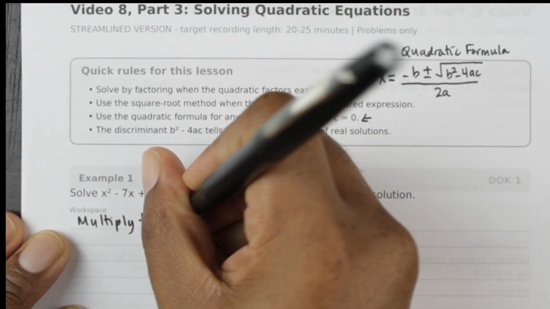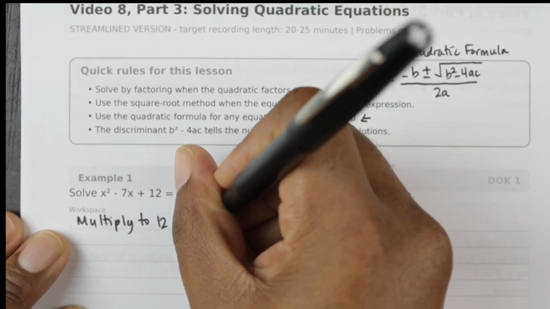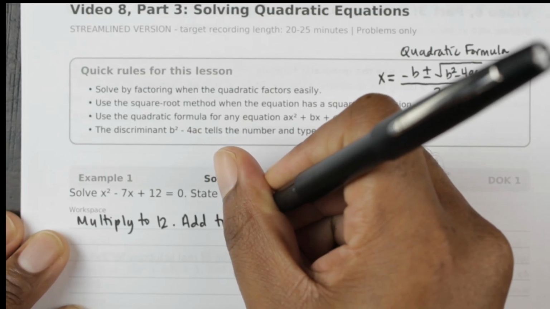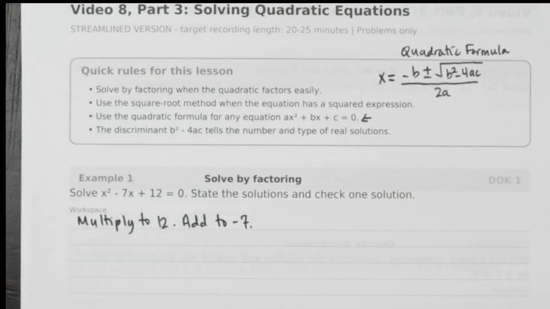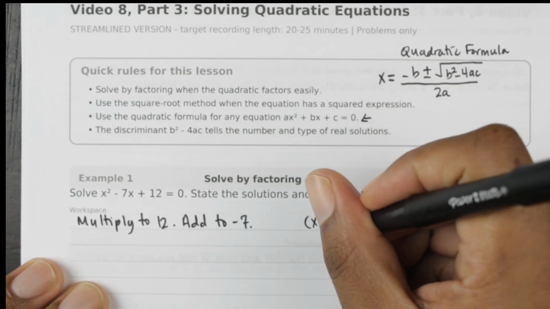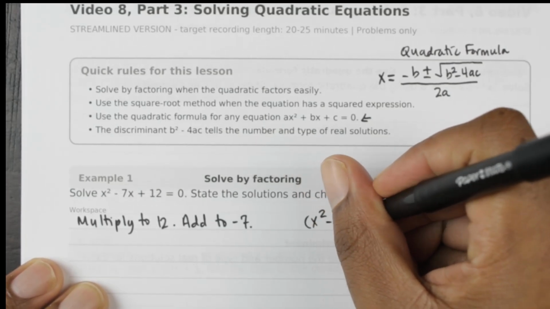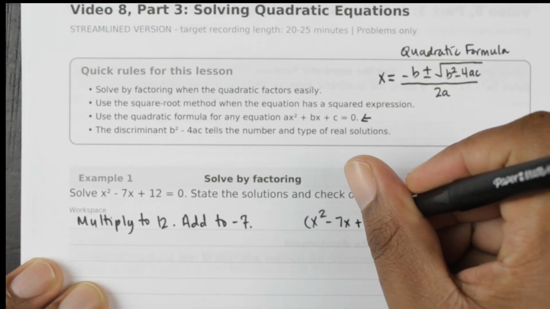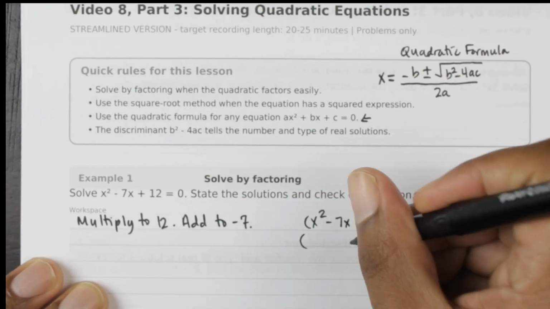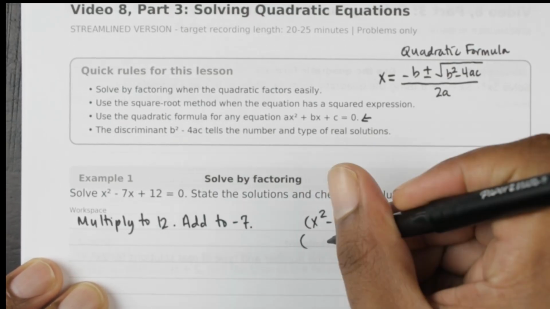That's what we need. So this problem, x squared minus 7x plus 12 equals 0, will factor very easily.